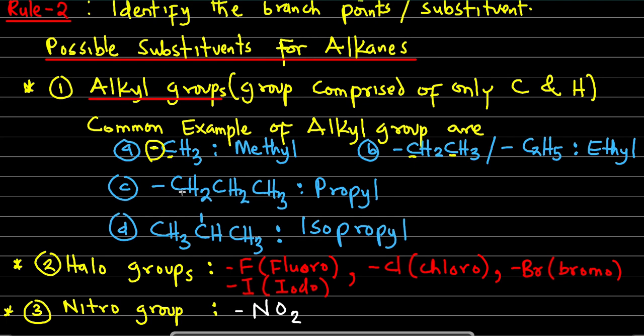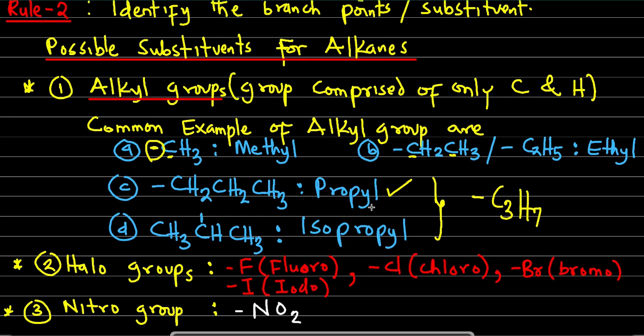We have propyl, an alkyl group that has 3 carbon atoms. We have two kinds of propyl: the normal propyl, which is the first one, and the isopropyl, which is the second one. Both have the same molecular formula, C3H7, with three carbons and 7 hydrogens.